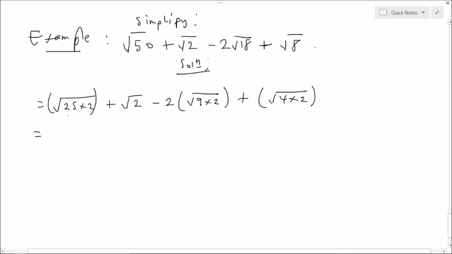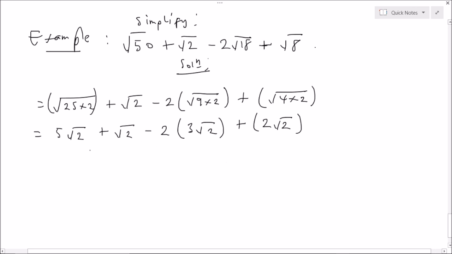Now remember that root of 25 is 5, so this gives us 5 root 2 plus root of 2 minus 2 bracket, root of 9 is 3, so this will give us 3 root 2, plus root of 4 is the same as 2, so this will give us 2 root 2.